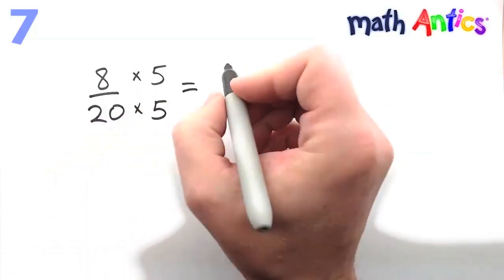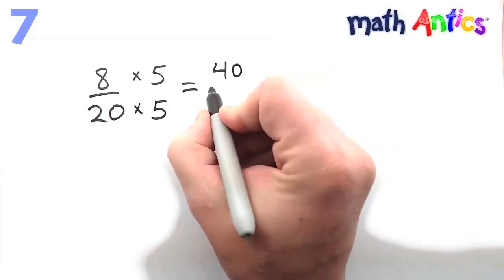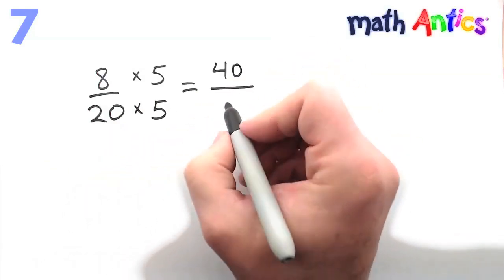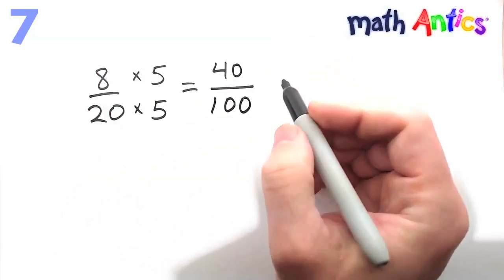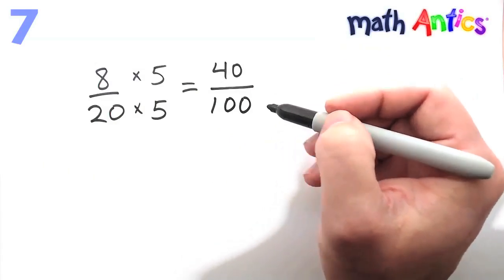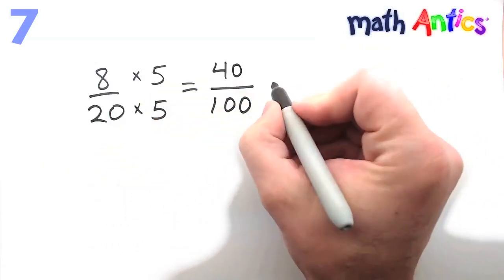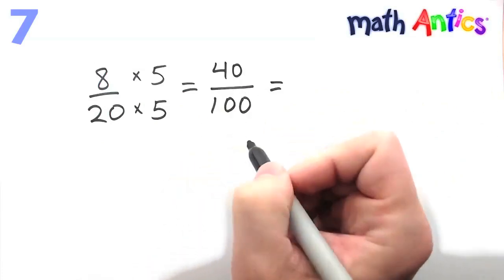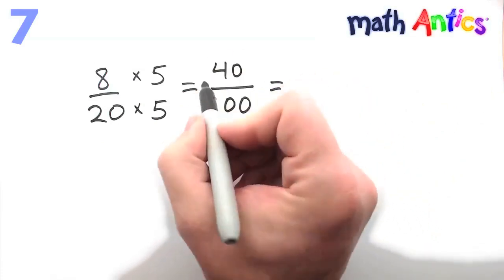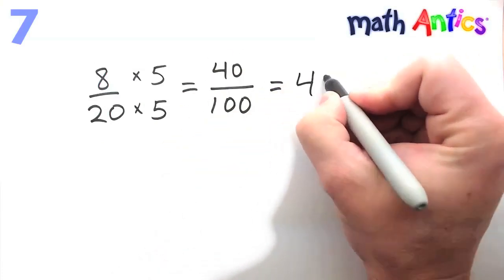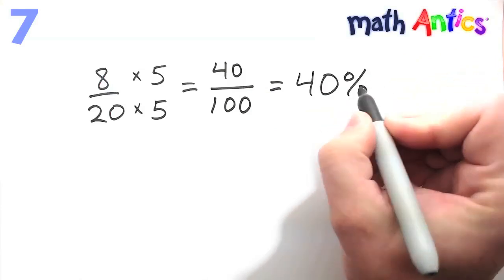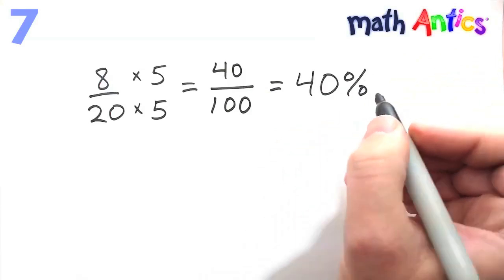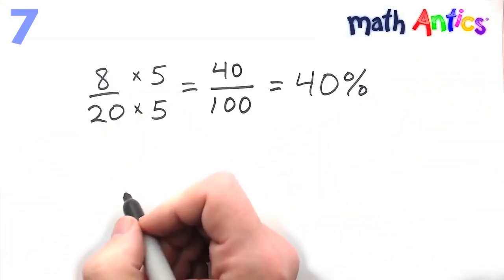So 8 times 5 equals 40. And then 20 times 5 equals 100. So 40 over 100 is equivalent to 8 over 20. And now we need to write that in the percent form. And since 100 is the bottom number of this fraction, the top number is the percent. So 40% is the percent form of 8 over 20.